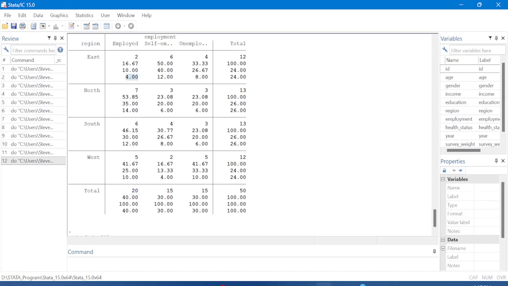And this cell percentage of 4%, we get 2 over the total, which is 24. 2 over 24 times 100, we get this 4%.